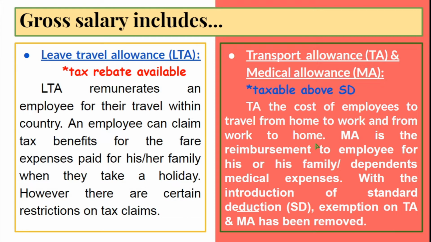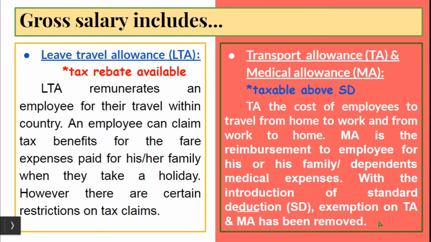However, the medical allowance is the reimbursement to the employees for his or her family and the dependents. However, with the introduction of the standard deduction, exemption on travel or convenience allowance and medical allowance has been removed from April 2018.